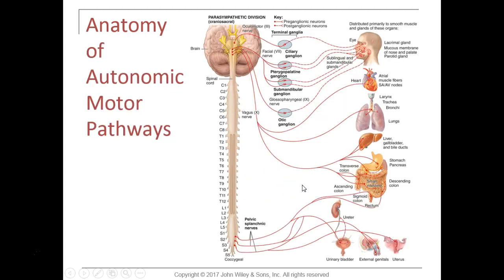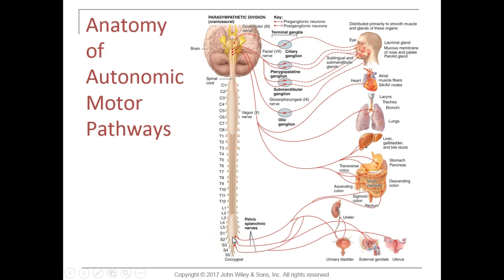So let's look at the picture. Here's the preganglionic neurons. You see their cell bodies up here, embedded in the nuclei of those 4 cranial nerves that was just mentioned, off of the brainstem. But some of the preganglionic neurons of the parasympathetic system have their cell body embedded in the lateral gray horn of the sacral region of the spinal cord.